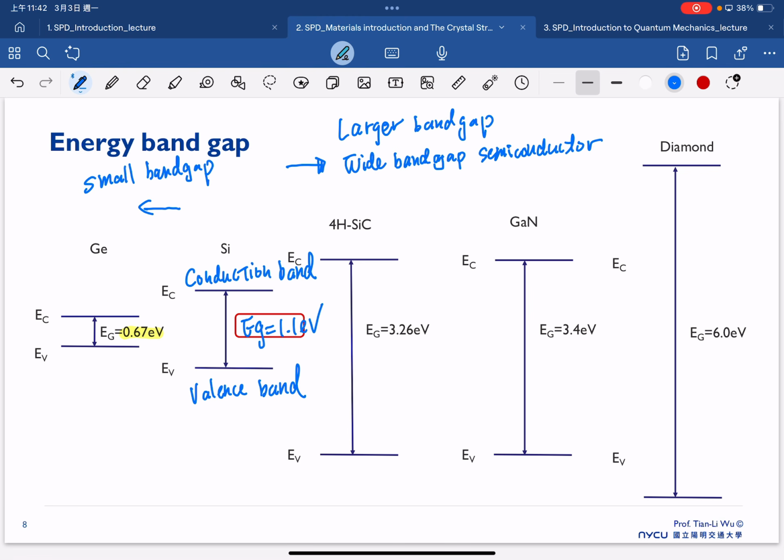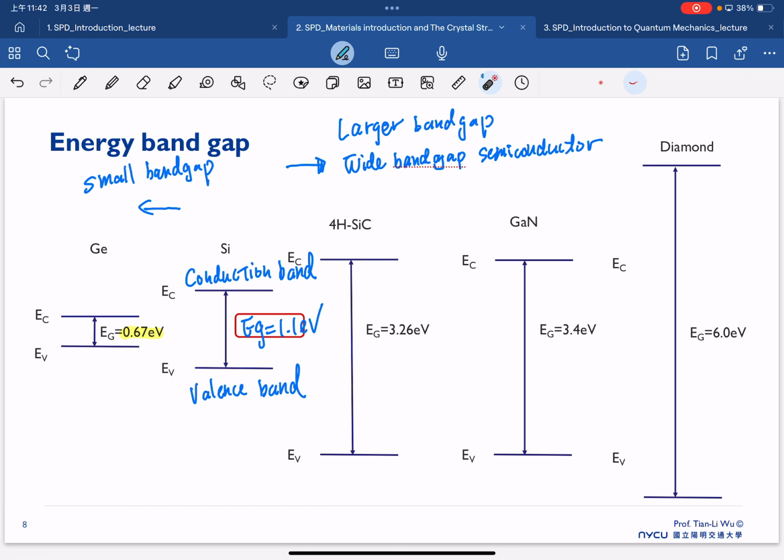That includes, for example, silicon carbide, gallium nitride, and even diamonds. Diamond can also be used as a semiconductor material, because it has a very large band gap, but it still can be conducting, have the electron holes conducting in the diamonds.